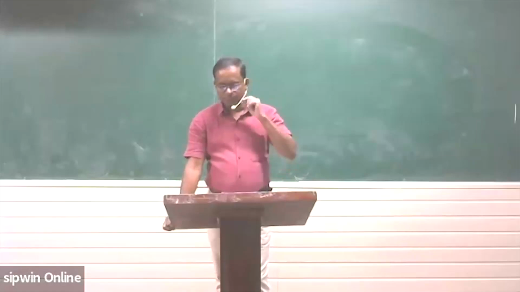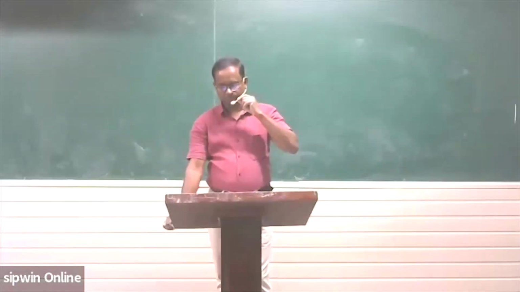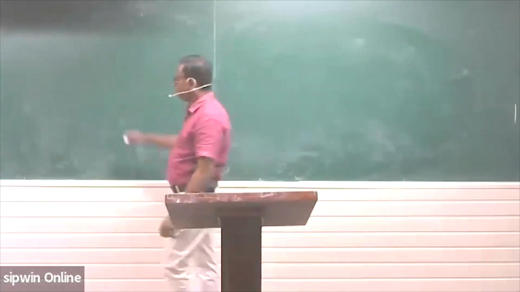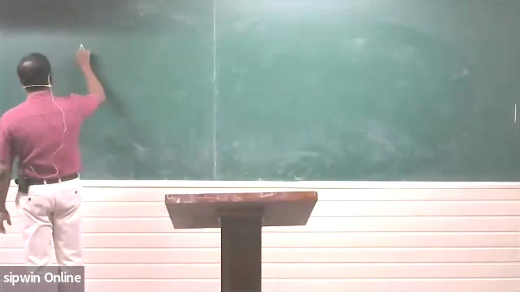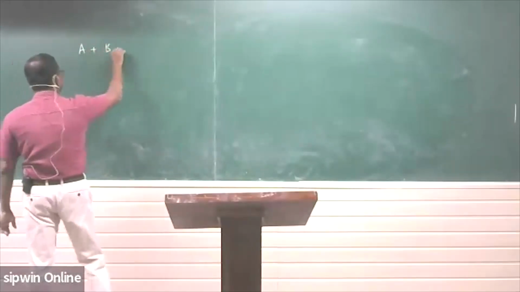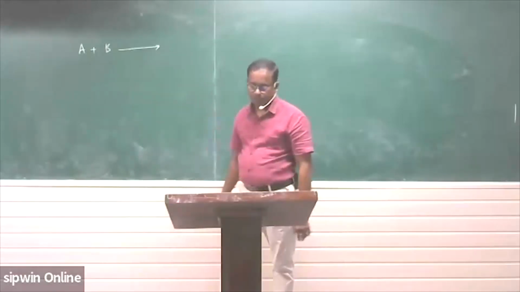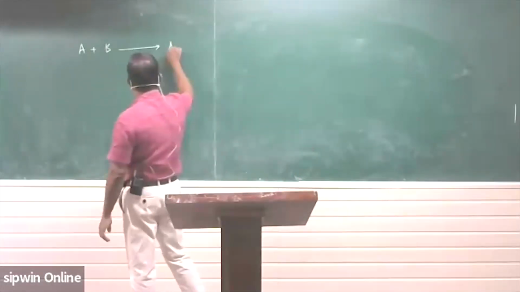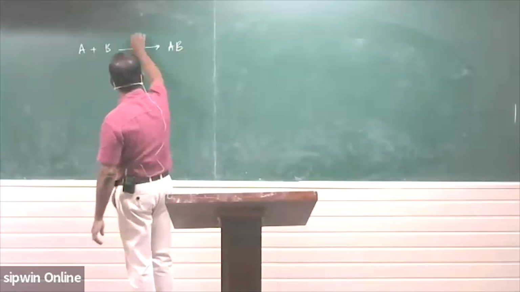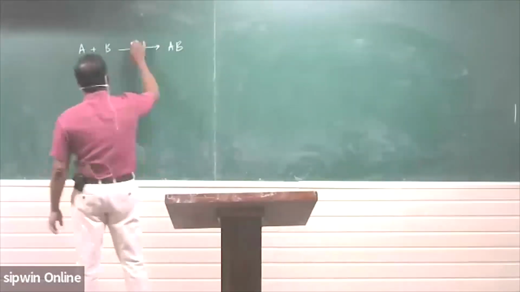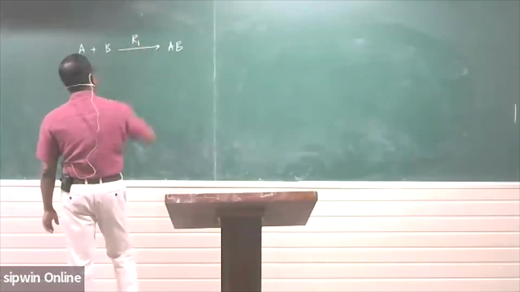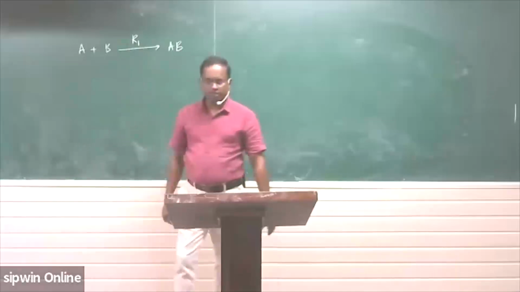Assume the rates of each elementary step as given below. A plus B into AB. I'll take this one as R1.